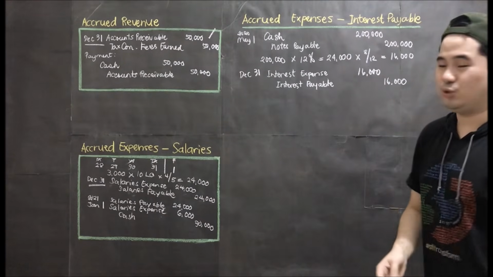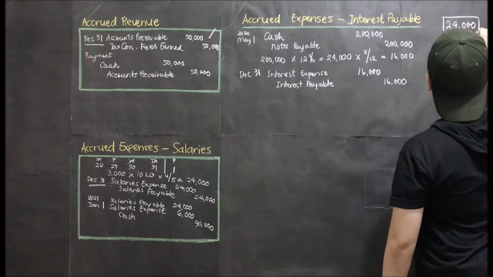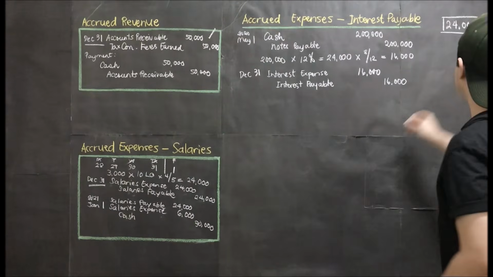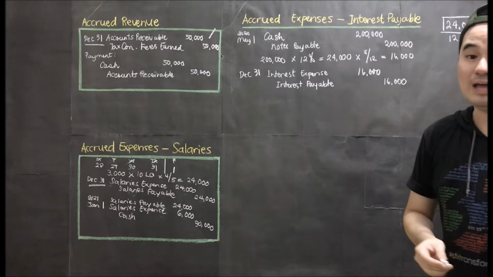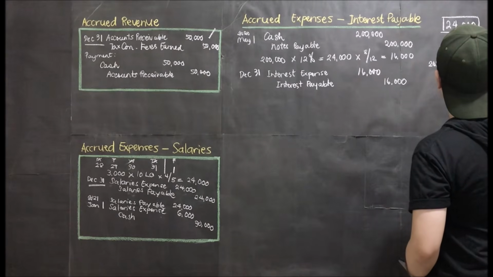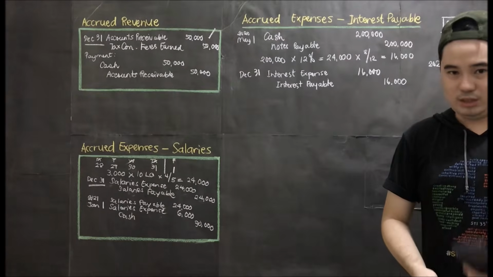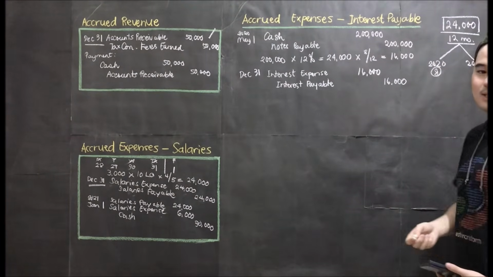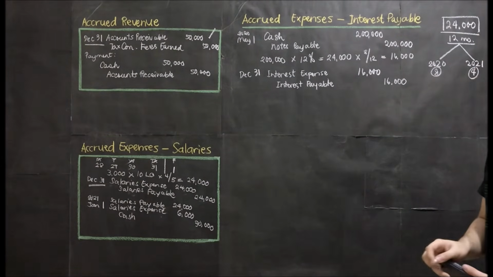Ang dating kasi dyan ganito. 24,000 po yung interest sa buong taon. Kasi yung 12 months mo nahati, May 2020 tsaka 2021. Yung 2020 ay 8 months, at yung 2021 ay 4 months. Okay?